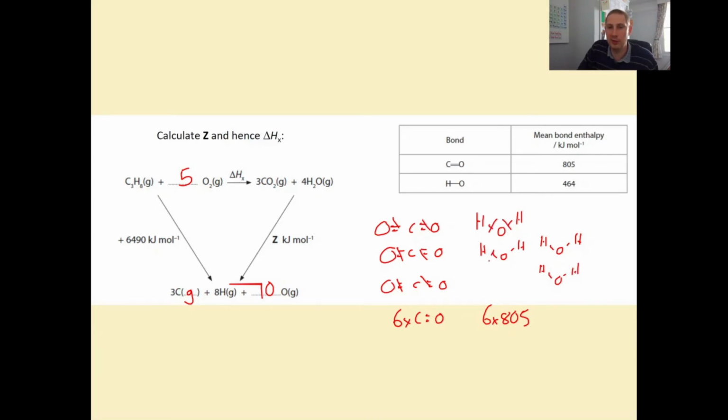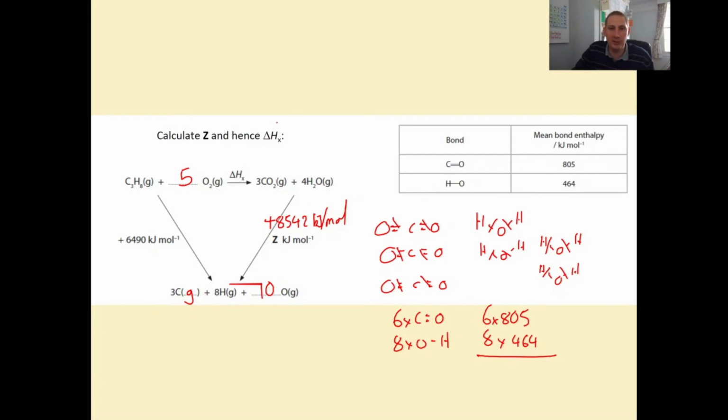So 1, 2, 3, 4, 5, 6, 7, 8. 8 times 464 because it's 8 times OH. And if you sum that up, that's what Z is. 6 times 805 plus 8 times 464 equals 8542. So that is plus 8542 kilojoules per mole. Remember, bond dissociation energy is always positive.